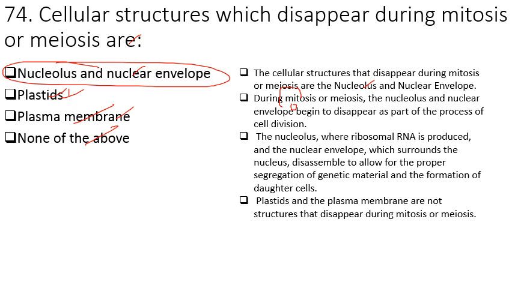The nucleus is the site of rRNA synthesis, and the nuclear envelope which surrounds the nucleus disassembles to allow for the proper segregation of genetic material and formation of daughter cells. The plastid and plasma membranes are not structures that disappear during mitosis and meiosis.